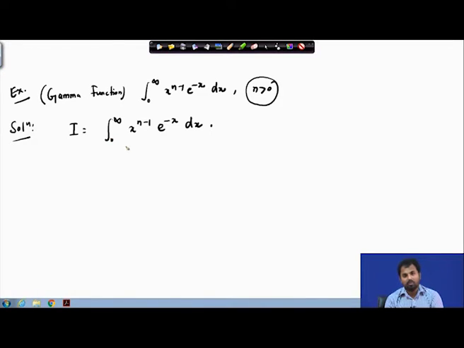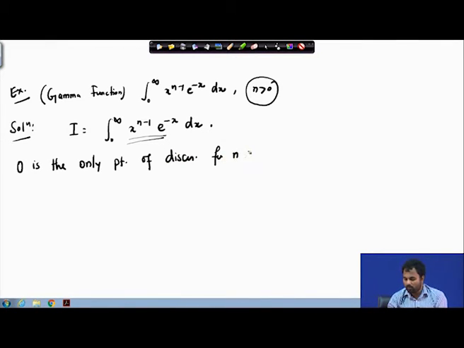So, at x equals 0, this integrand has an infinite discontinuity. So, we can write that 0 is the only point of discontinuity for n less than 1, right.